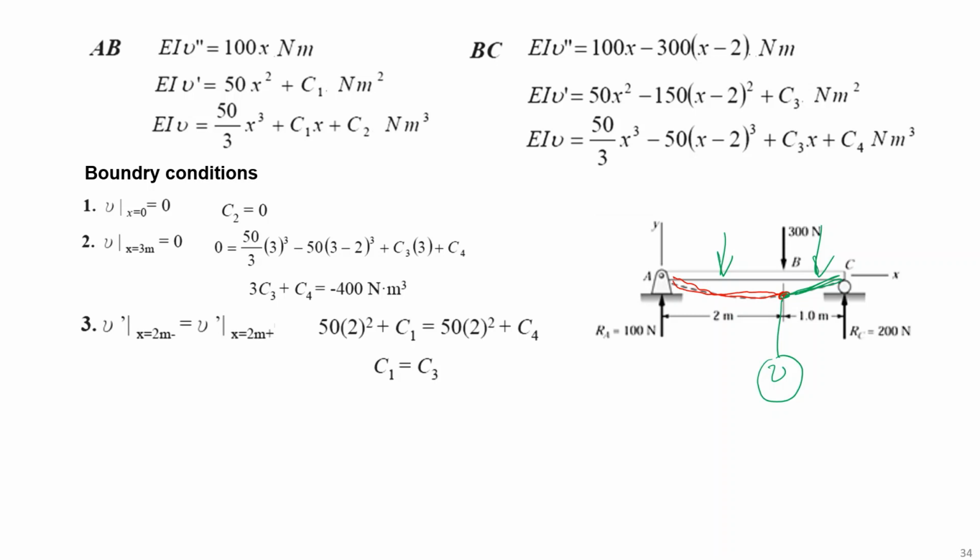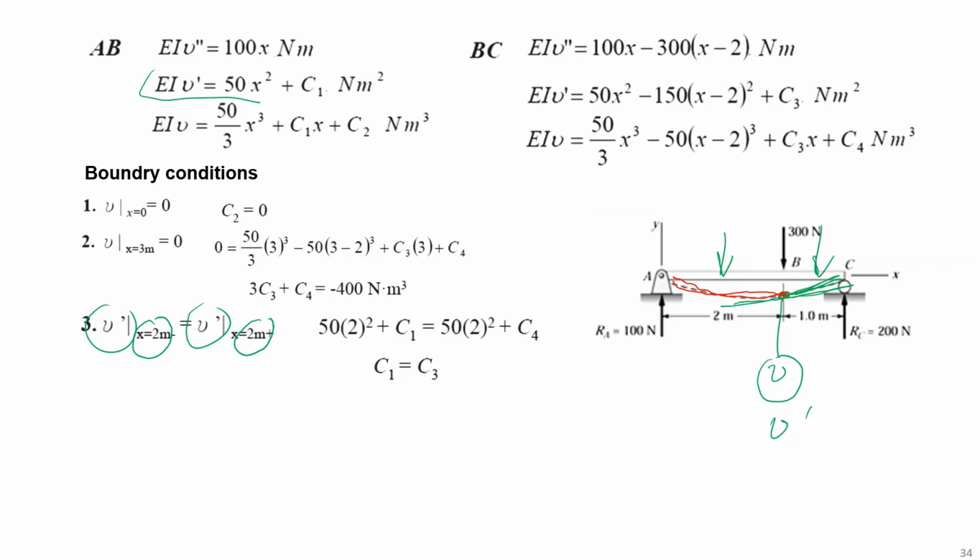Also the slope at this point for both curves must be the same. So for x on the left and for x equal to 2 meters on the right, the slopes must be the same.